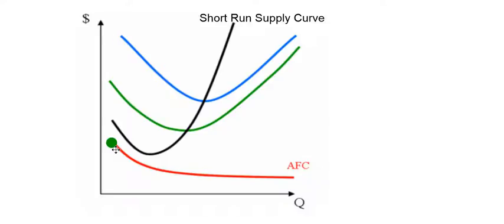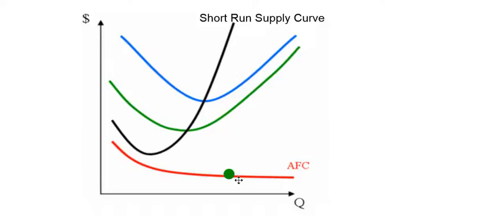Well, that's going to be the first year that $1 million is going to just be averaged over a year. But as the firm produces over time, that same fixed cost, because it's fixed, is going to be averaged out over a longer time period. So the average fixed cost is going to gradually go down.